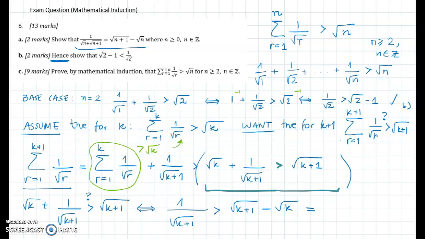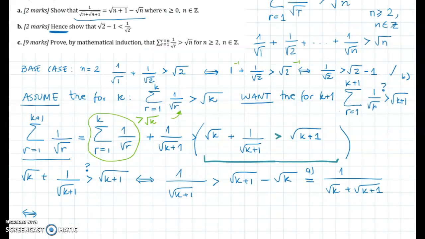So by part A, this is equal to 1 over square root of k plus square root of k plus 1. That is, our inequality is true if and only if 1 over square root of k plus 1 is greater than 1 over square root of k plus square root of k plus 1.